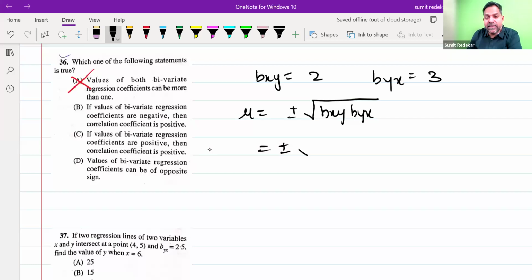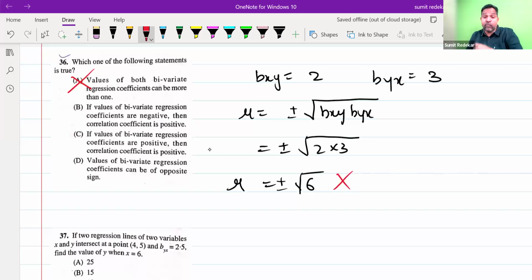Do you agree that when I multiply 2 and 3, I will get positive or negative square root of 6? Doesn't that mean that r will become greater than 1? And can I say r can never be greater than 1? And that is why if one of the coefficients is greater than 1, the other has to be less than 1. So this is definitely not true.